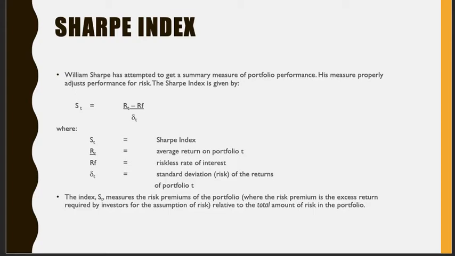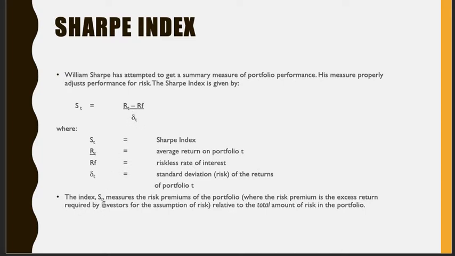Number one is the Sharpe index. William Sharpe attempted to get a summary measure of portfolio performance. His measure properly adjusts performance for risk. So the Sharpe index, S_T, the Sharpe index of portfolio T, is equal to R_T, the expected return, minus R_F, the risk-free rate, and then divided by the standard deviation.